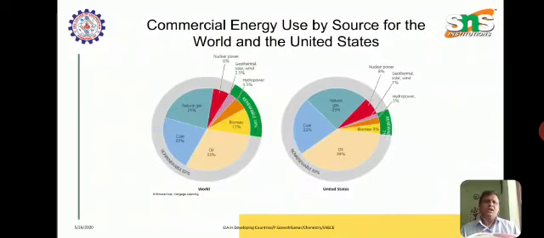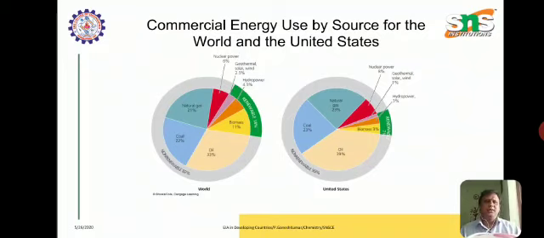The commercial energy used by source for the world and the United States. If we compare, in the United States the nuclear power plant share is about 8%. The United States has a lot of nuclear reactors, but its energy utilization from them is only about 8%, and in the world it carries some 6%.